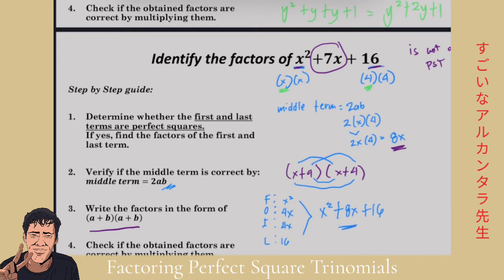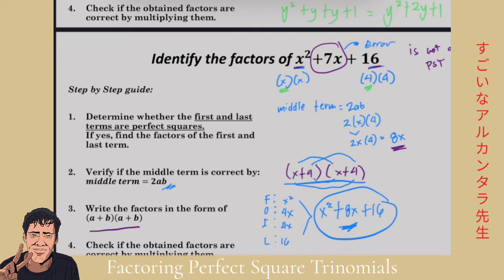Meaning to say, you can only say that these are the factors if the given is x squared plus 8x plus 16. So basically, what I'm showing to you guys is an example of identifying errors. In some exams, we call this error analysis. We can say that 7x is the error of this given problem. How do we know?